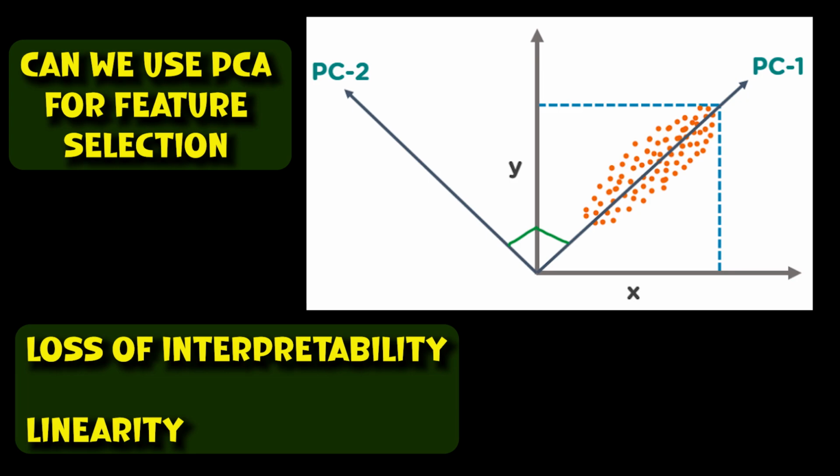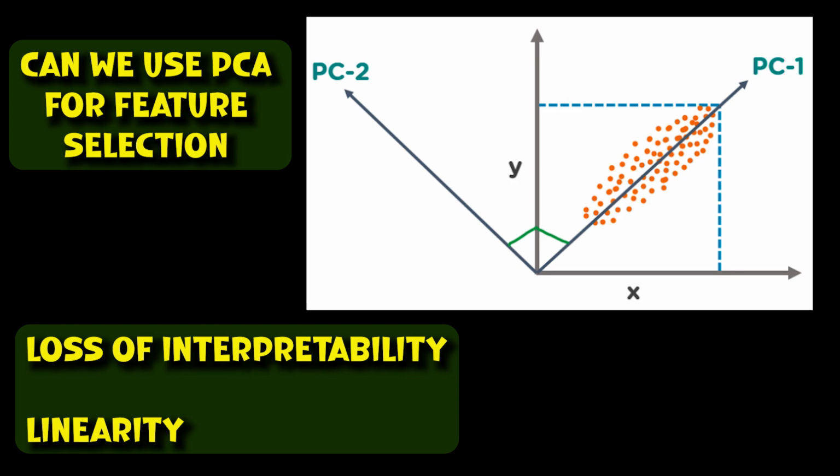First point is loss of interpretability. The principal components are linear combinations of the original features, which means that they do not retain the original features' interpretability. As a result, it can be challenging to interpret the results from a model that uses principal components as inputs.